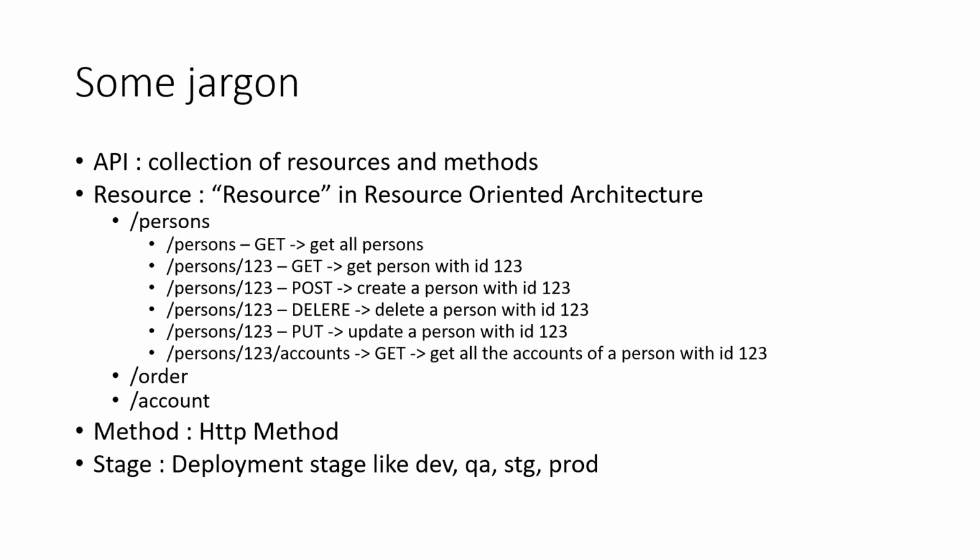So let's say there is a person, a customer, right? So customer is a resource, and that particular customer resource, you will have APIs on top of it saying, hey, I want to get all the persons, or customers, or give me a customer with the ID 123.